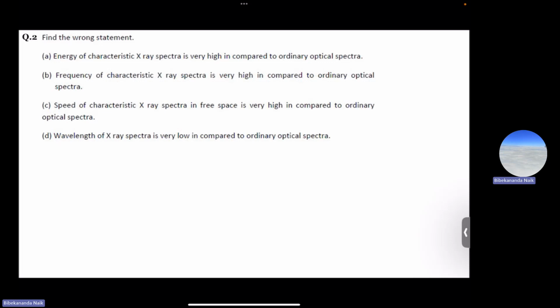If you talk about optical spectra, which wavelength and which frequency does it correspond to?